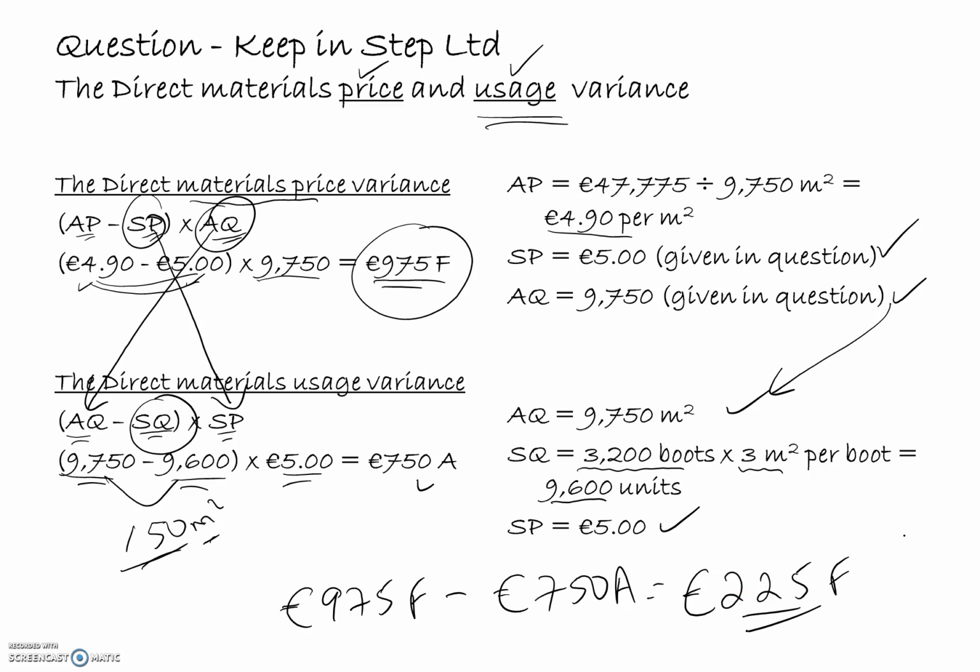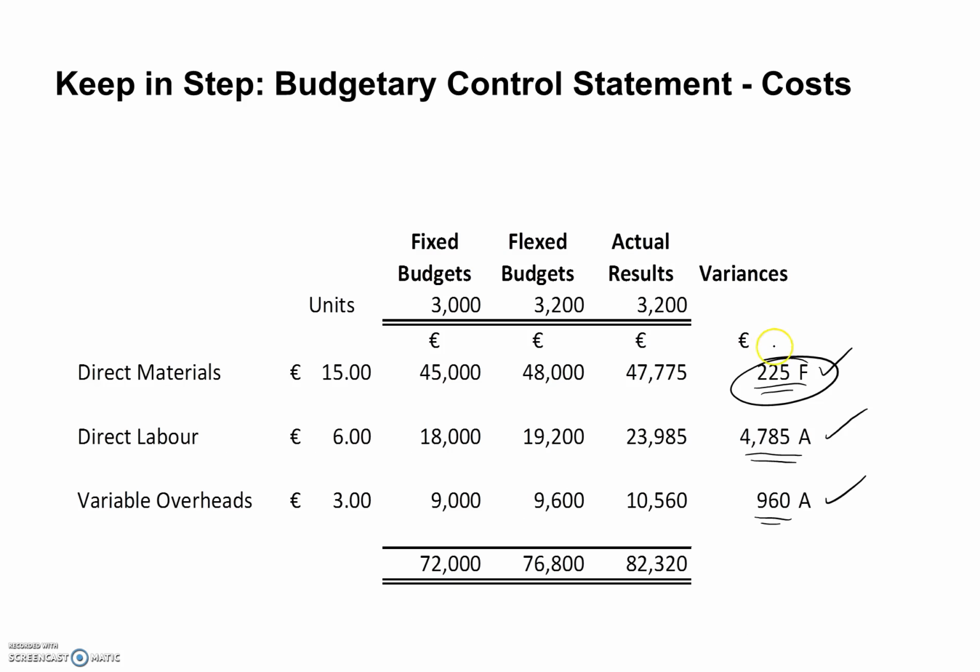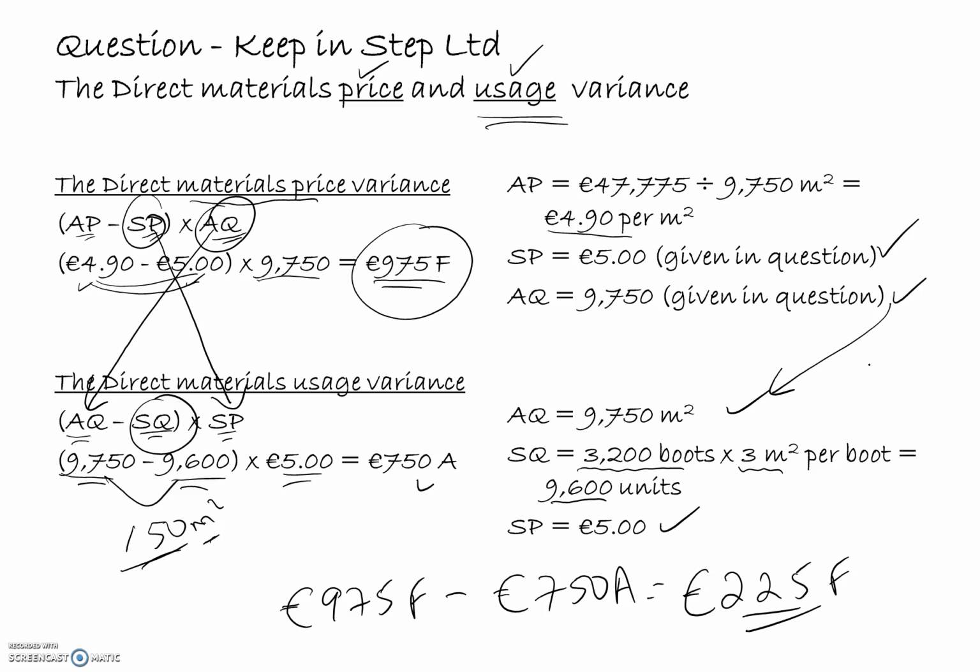Now if I go look at my solution to part A, I can see that's exactly what I'm expecting. So what I can now say is my €225 favorable direct material cost variance can be subdivided into a €975 favorable price variance and a €750 adverse usage variance.